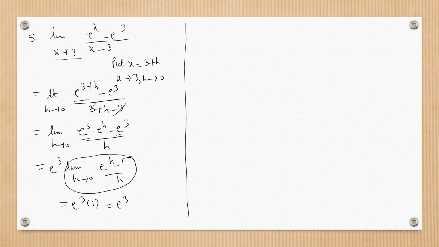Okay. So question number 6 here is limit x approaches 0, x times e^x minus 1 upon 1 minus cos x. Now see here, this e^x minus 1 requires x in the denominator. So firstly I'll do some adjustments.